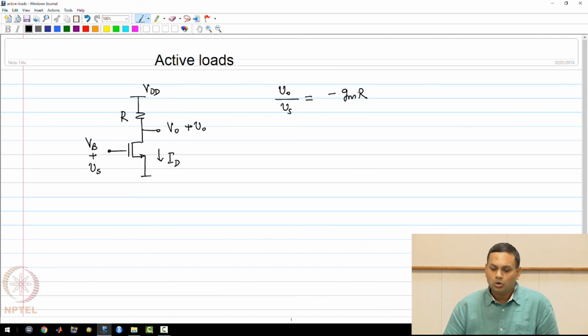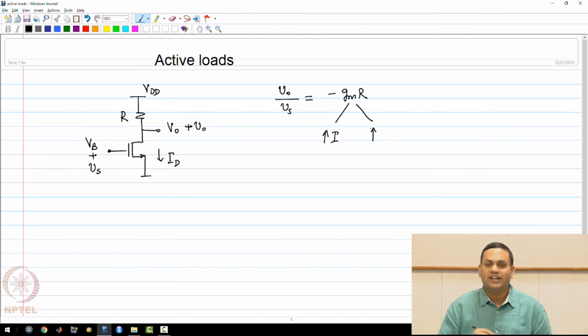Now suppose I want to get more and more gain from the circuit, I will need to either increase the gm of the circuit or increase the resistance of the circuit. Now there is a limit to which you can increase the gm, primarily because you don't want to keep increasing the power by increasing the current. So if I want to increase gm, I need to increase current, which means power consumption would increase. I do not want to do that.